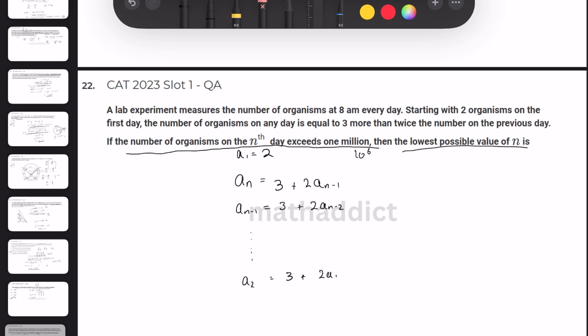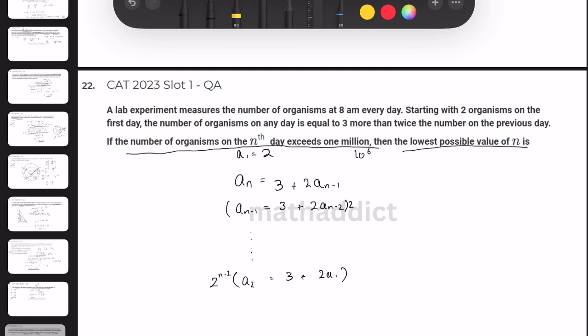So we'll multiply this equation by 2 and so on. Finally, this equation will be multiplied by 2 to the power of n minus 2. So the first is multiplied by 2 to the power 0, the second by 2 to the power of 1, and the (n minus 1)th equation will be multiplied by 2 to the power n minus 2.